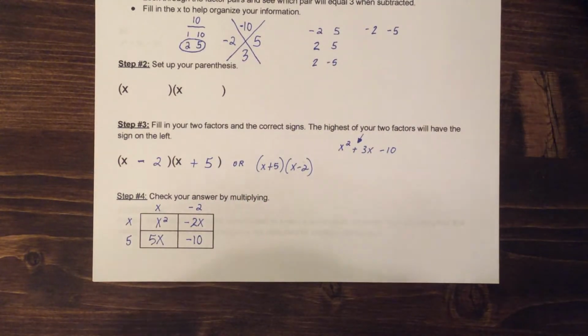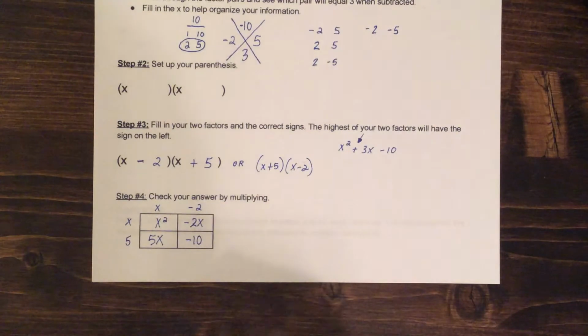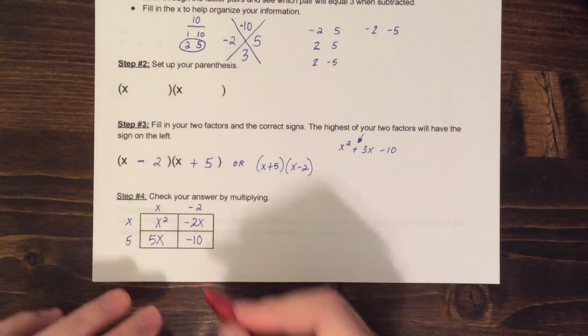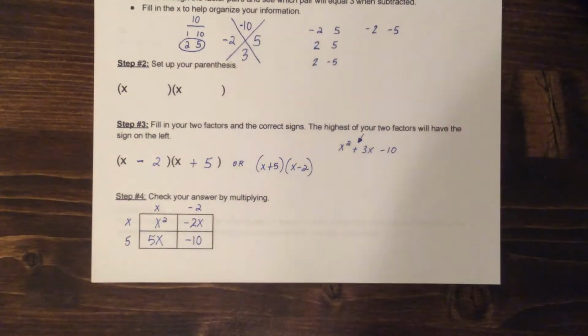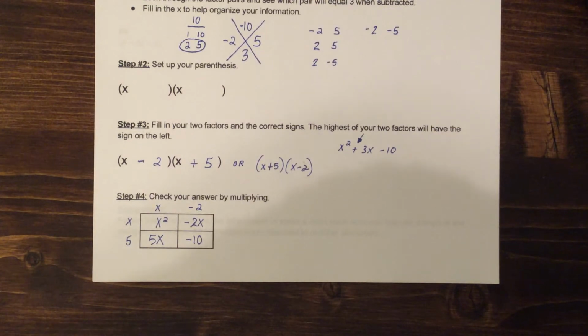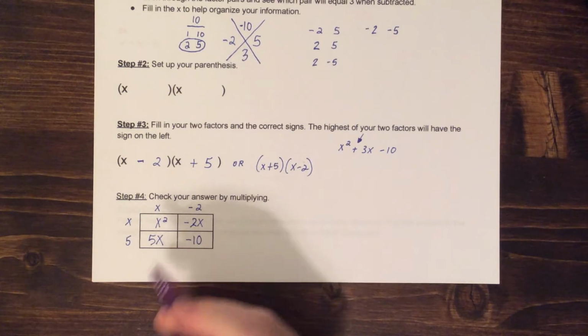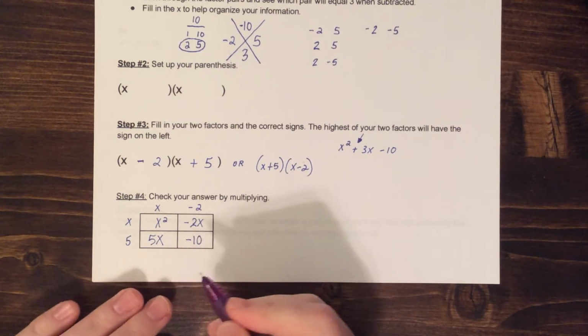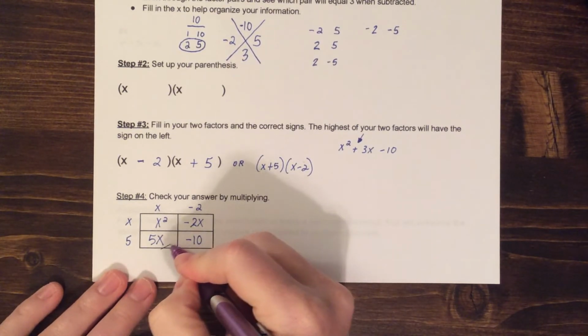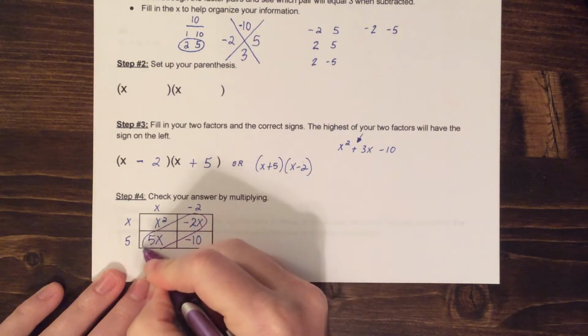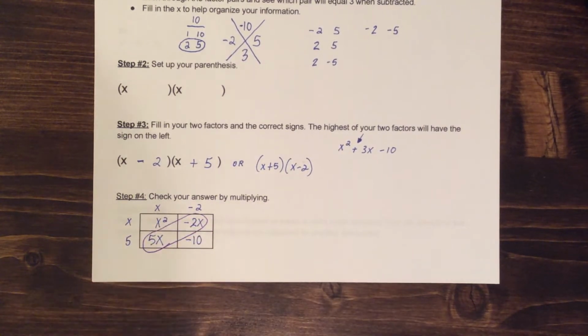Now, one thing that I did see a few people struggling with or forgot to do last week is, y'all did a wonderful job of filling in your box, multiplied correctly, and did a really good job of that. What you didn't do was combine these two numbers right here. Those are like terms. They're both x's, right? We've talked about like terms in the past.